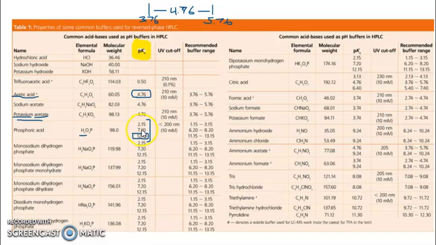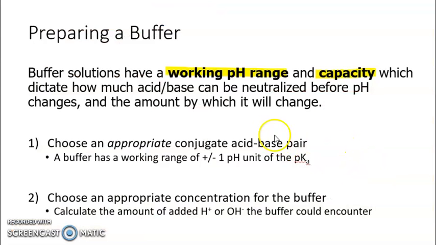So the working range is not appropriate. So you can find different acid-base pairs that will give you pHs over a range, but you need to choose the right one to make your buffer. So that was talking about the working range of the buffer.